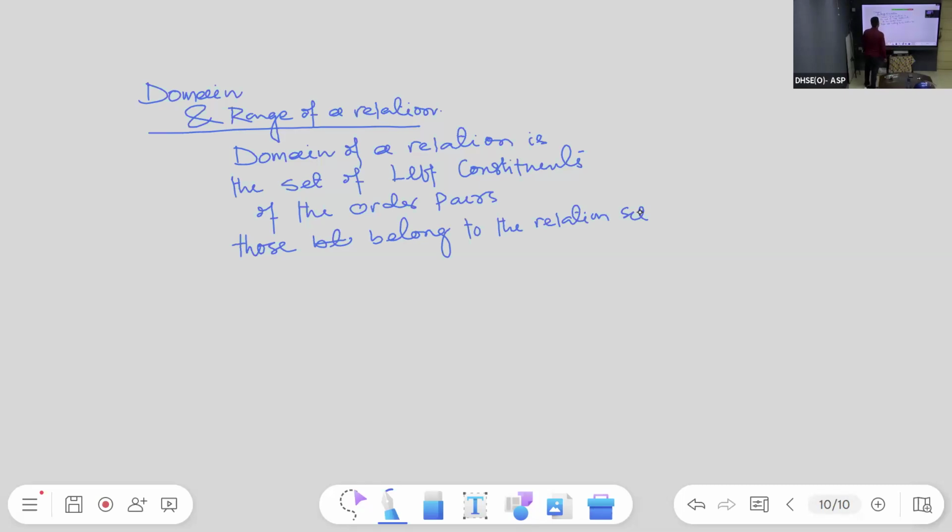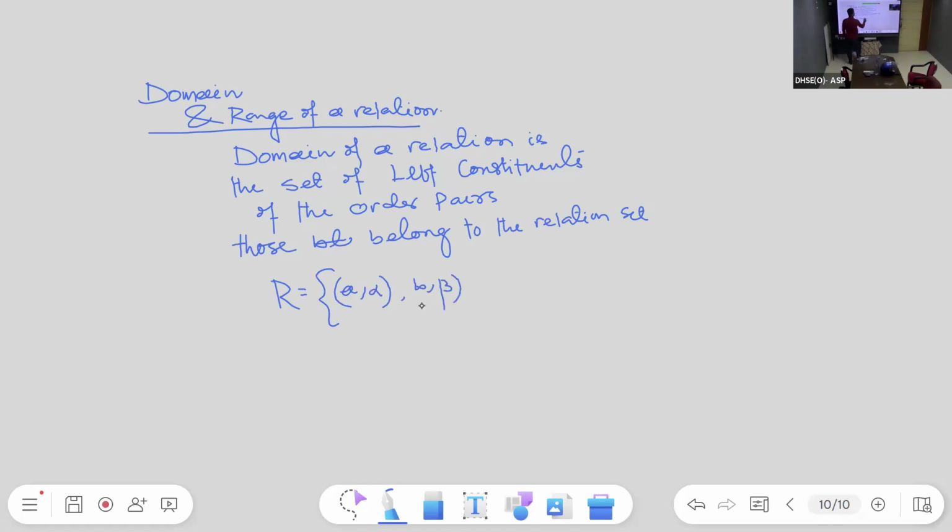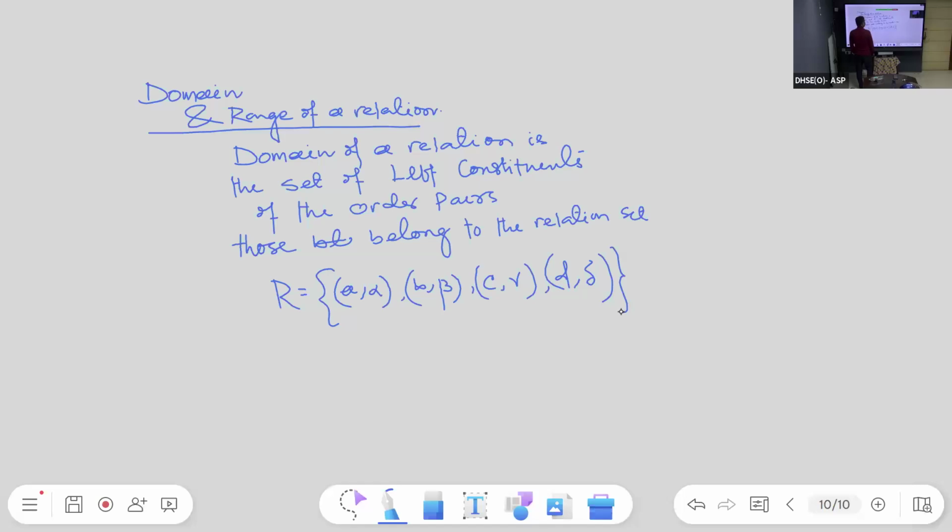Suppose a relation contains the ordered pairs a alpha, b beta, c gamma, d delta.